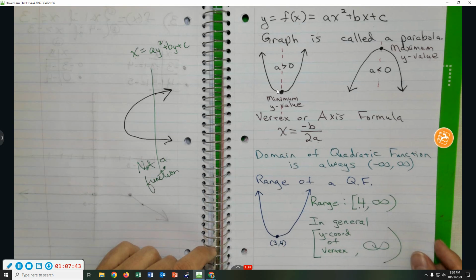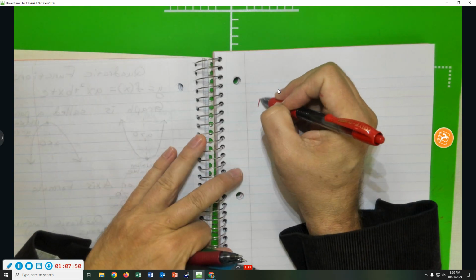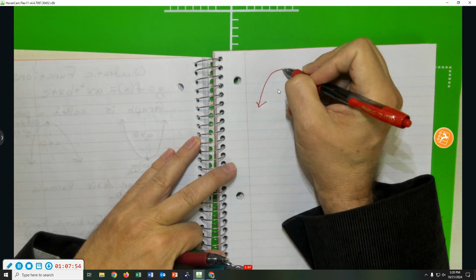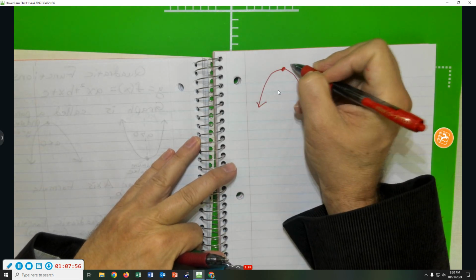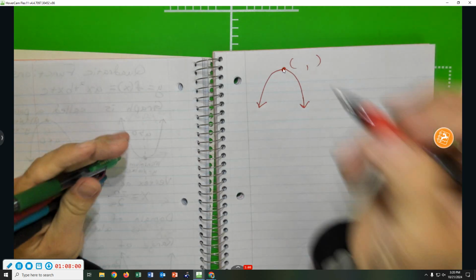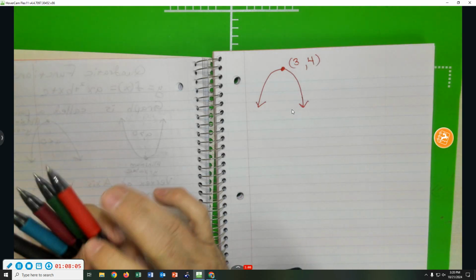Let's apply that same logic to a parabola that's opening downward. Let's suppose that this is the point. There's the vertex. We've used our vertex formula and we found that the vertex is once again the ordered pair 3, 4.